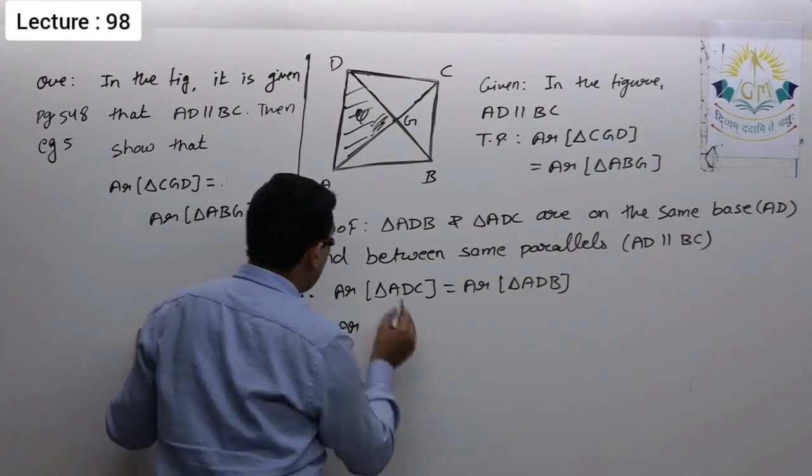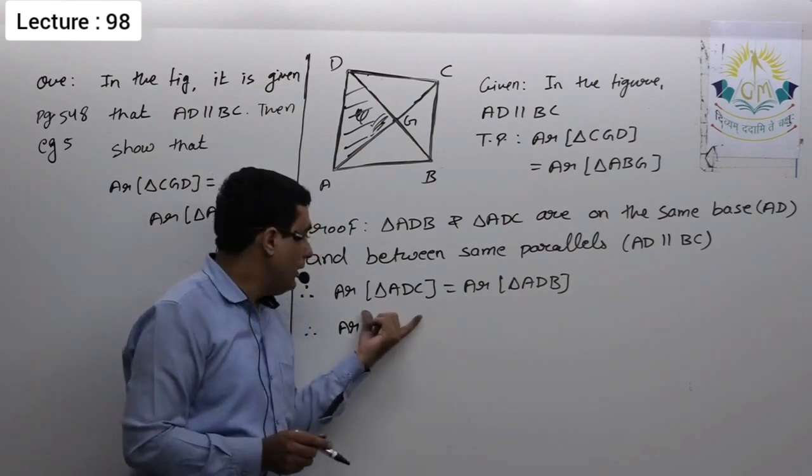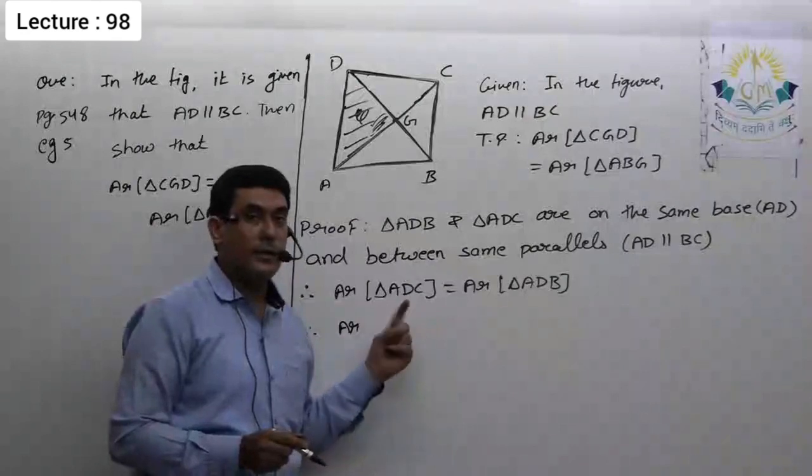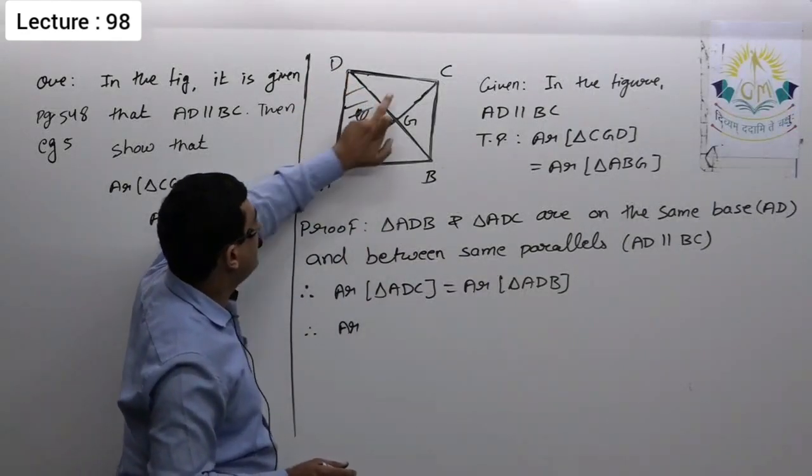Now two things can be done: either I subtract the common quantity, or I write this triangle in terms of two other triangles, that is ADG plus DCG.